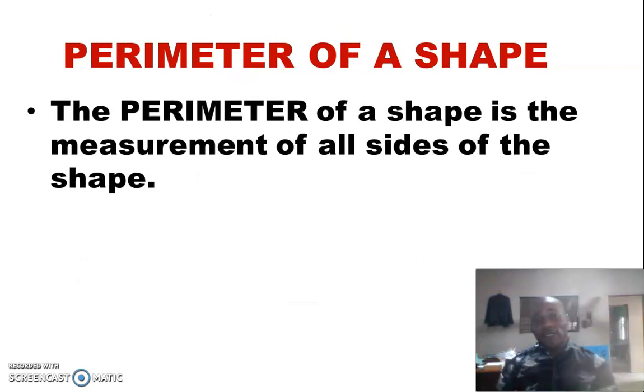Now let's talk about perimeter of a shape. The perimeter of a shape is the measurement of all the sides of the shape. For example, if you want to determine the perimeter of your textbook, which is a rectangle, measure all the edges. The short side is the breadth, then the long side is the length.